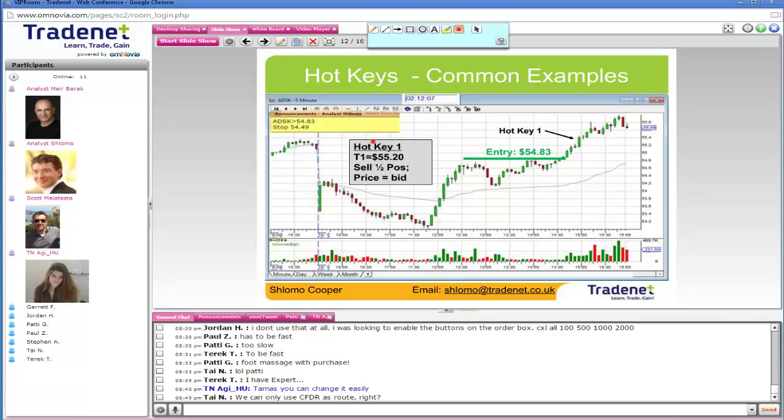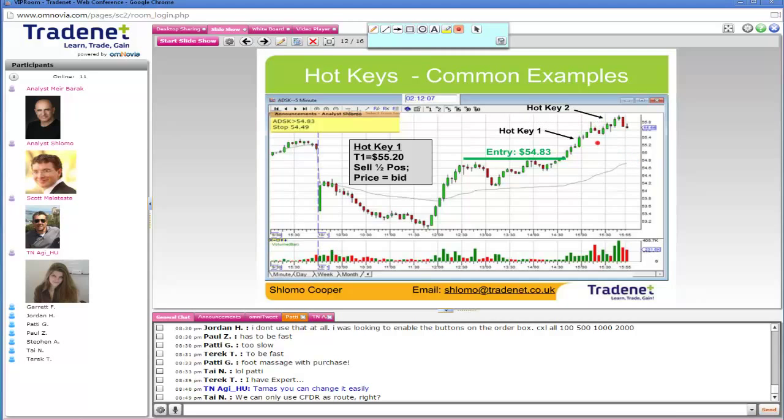So the appropriate hotkey for that will be sell half pos, which means taking partial, taking half of the position you are holding. So if you are holding 500 shares, that means you are going to get 250 shares into the amount of shares in your stock box, and price equals bid. All right, the same works for the second target.